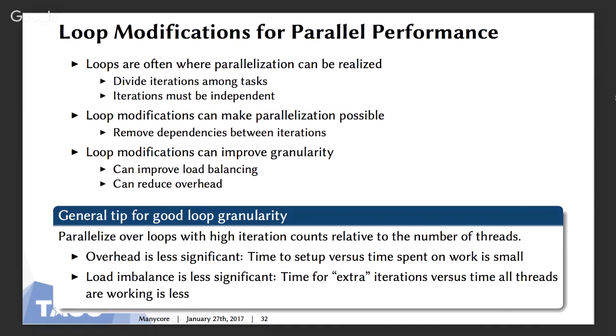The time to set up versus the time actually spent working is going to be relatively small. And load imbalance is going to be less of a problem. If you have extra iterations, it's going to be relatively small compared to the time all the threads are working as well.